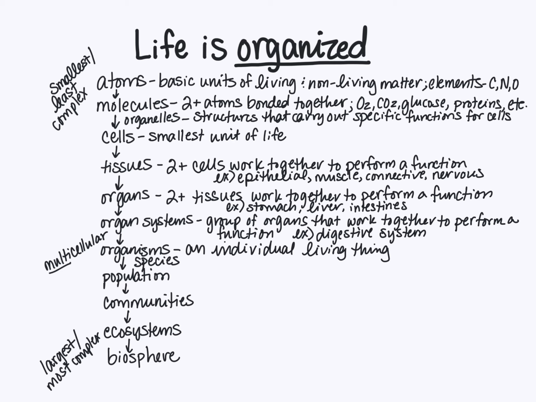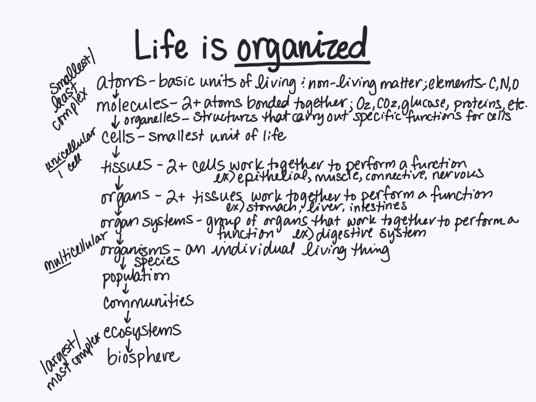And the reason why I make that kind of designation is because remember we said that a cell is the smallest unit of life. So there are some organisms that are unicellular. Uni meaning one cell, such as bacteria. And so the unicellular organisms don't have tissues, organs, organ systems, et cetera, but they're still considered an organism.